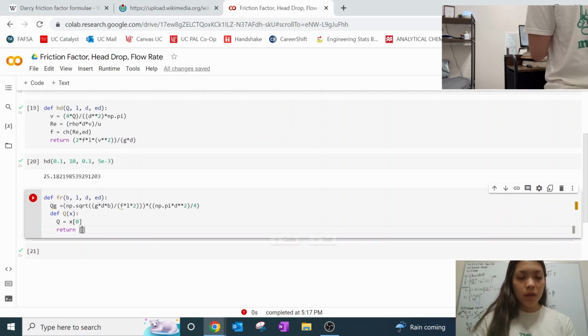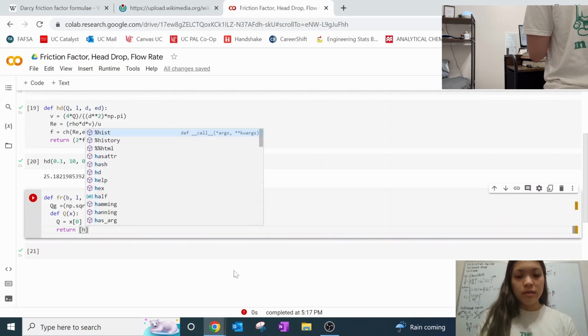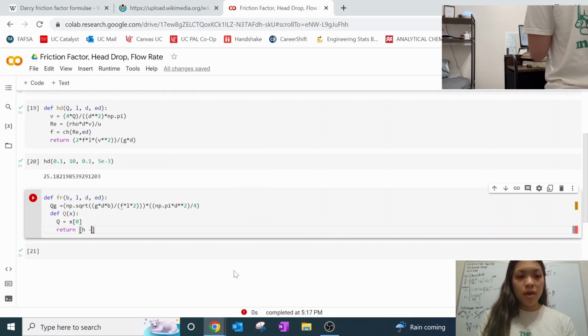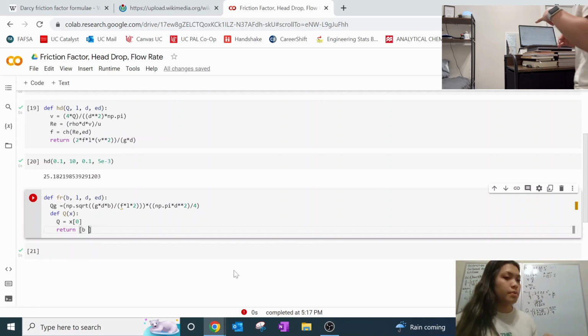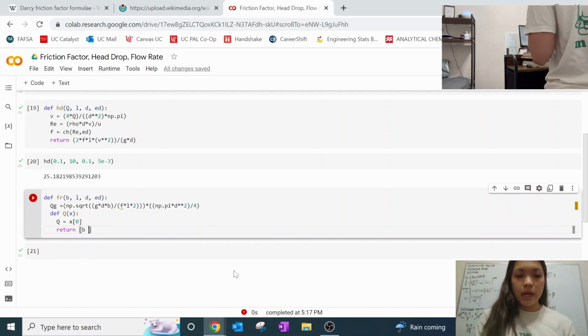And then what goes within the second equation is the beta value, which is the actual head drop minus the head drop that is based on the flow that we're trying to find, minus the head drop that we calculate.